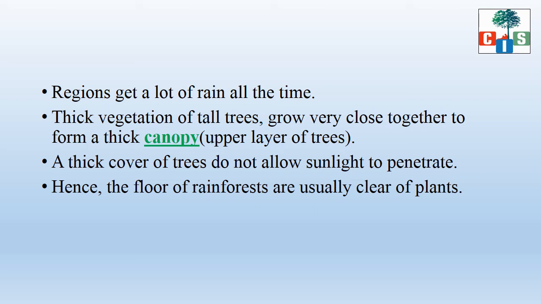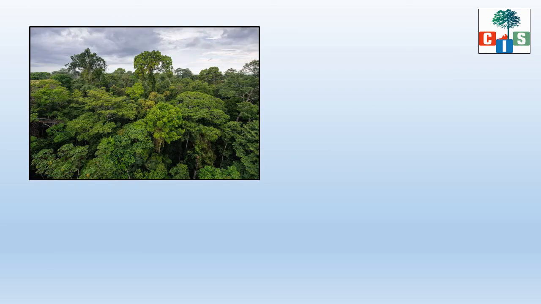So what is the reason for the floor of the rainforest being clear of plants? Yes, a thick cover of trees does not allow sunlight to penetrate. See in the picture, this is the canopy. You can see that it's very difficult for sunlight to reach the ground, and not only sunlight, even raindrops.